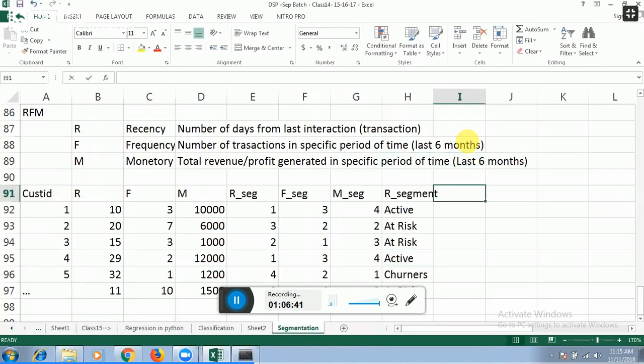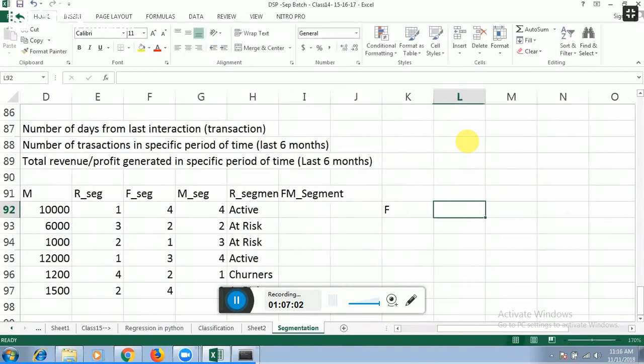And then FM segment means where frequency is high and monetary is high. If both frequency and monetary are high, for example here 4 and here 4, I can call those customers very good customers.